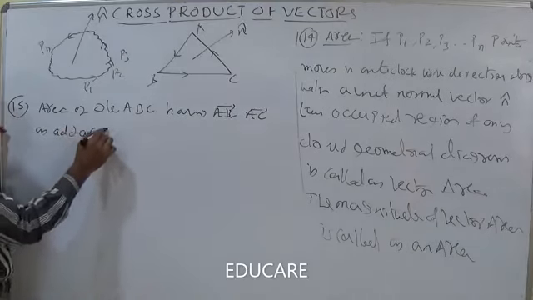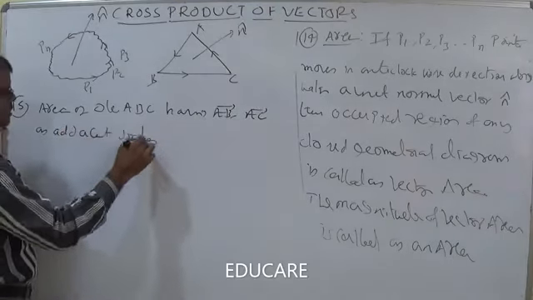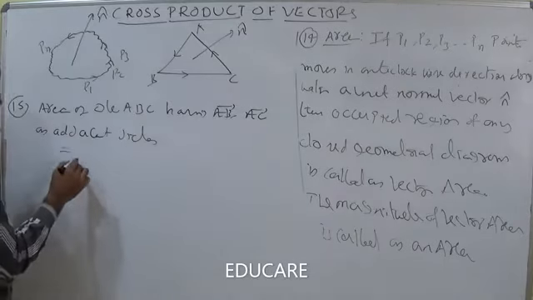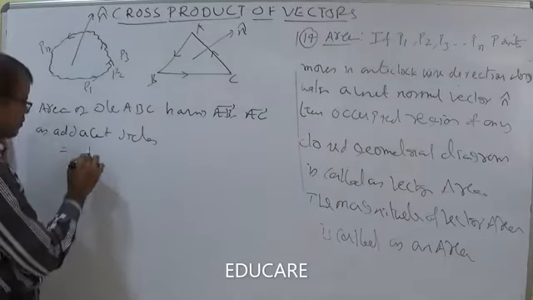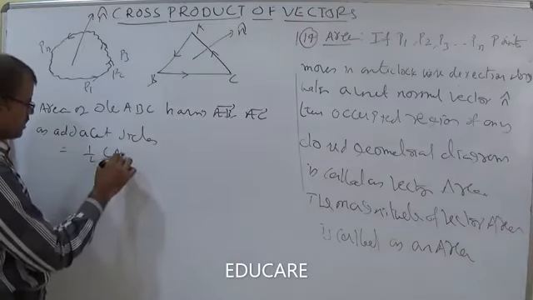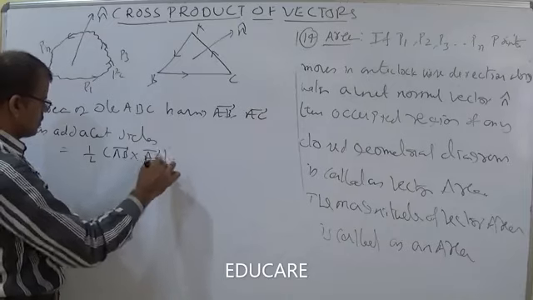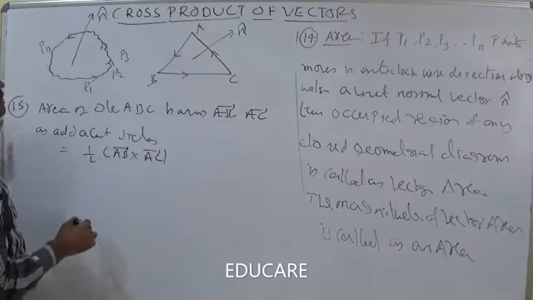So you can say that the formula is 1 by 2 into AB cross AC.